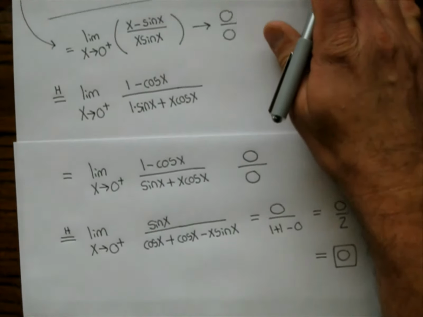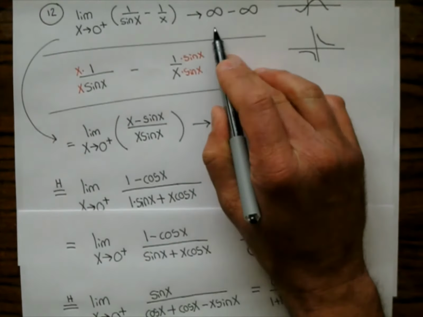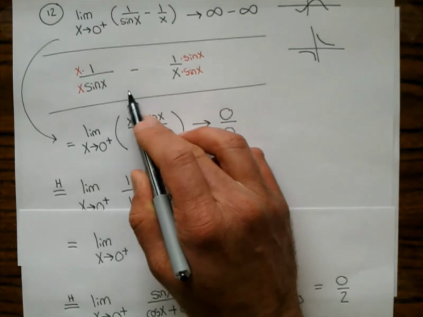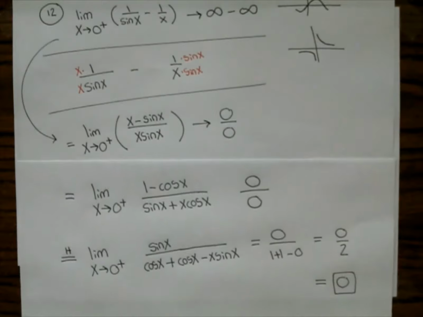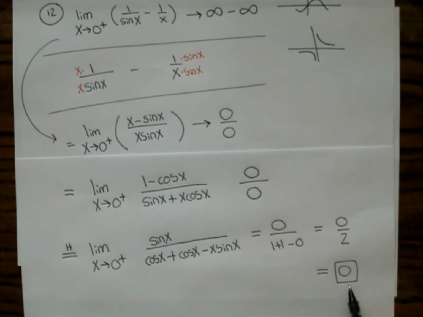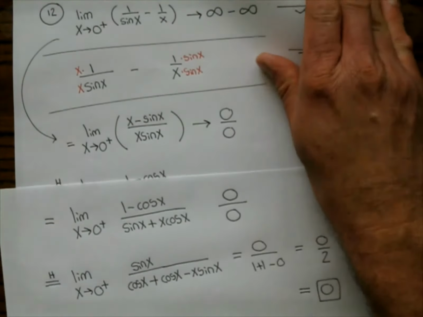And so on these problems, the problem started off with an infinity minus infinity. We just did a little algebra and got a 0 over 0 when we hit it with the limit. And we got our answer of 0 for that one. Okay, so we have 2 more problems in this section.